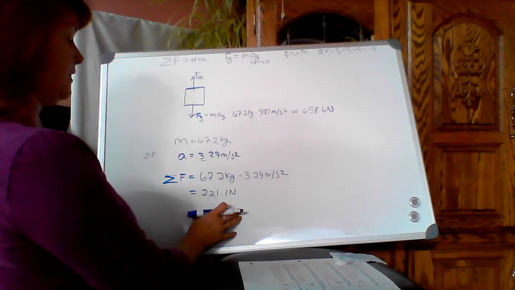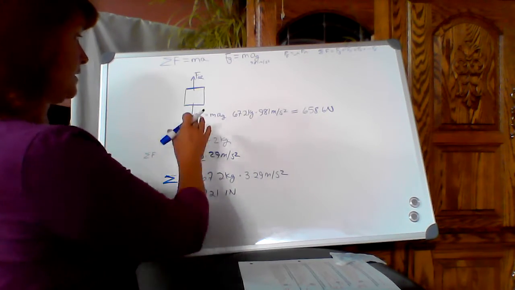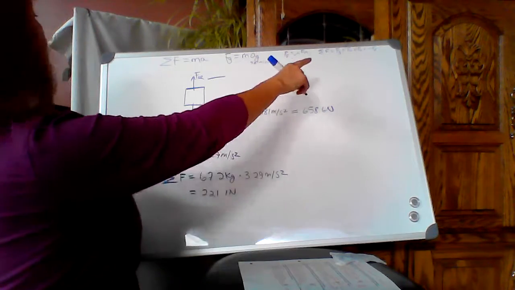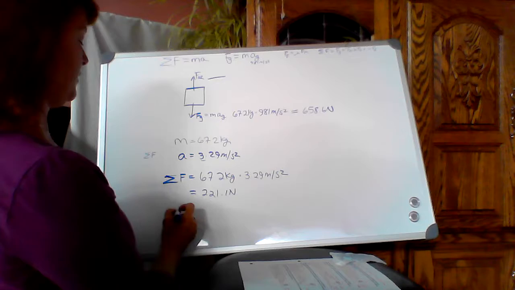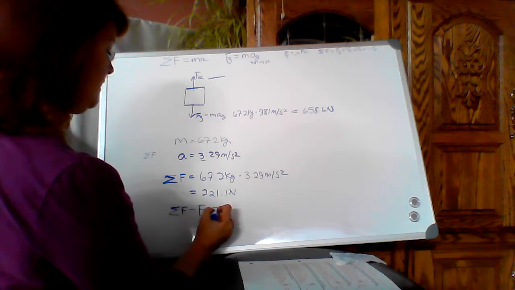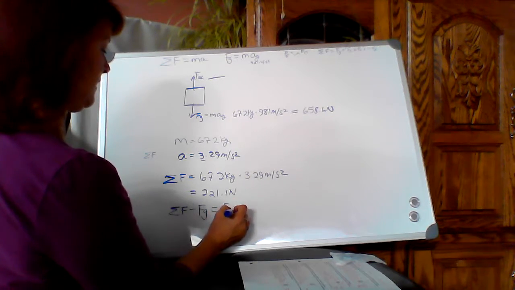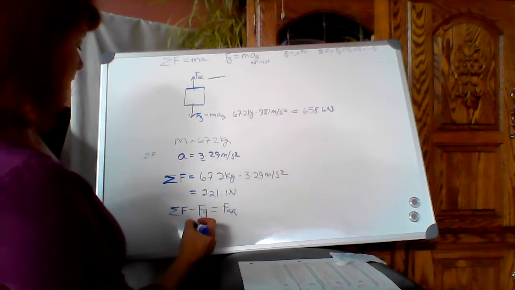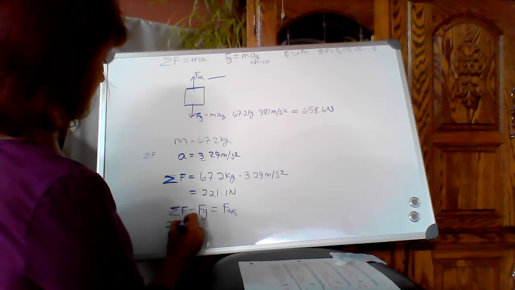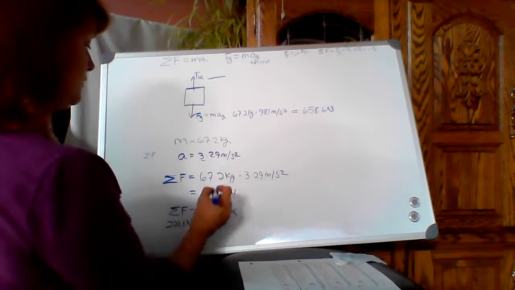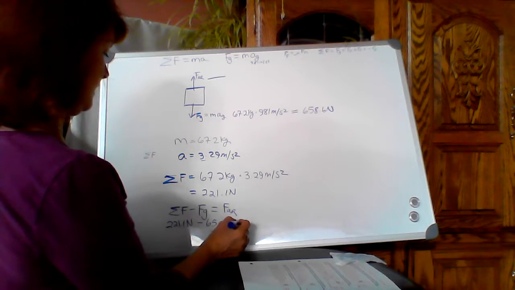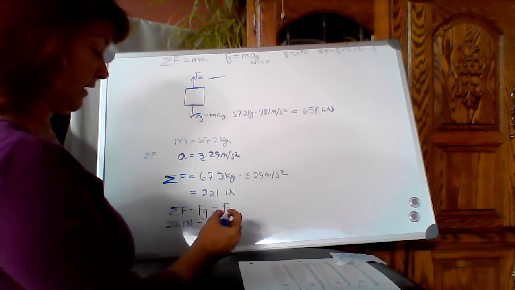So now I can use my sum of the forces to find out what air resistance is, because when I add them all together, that will be that. So the sum of the forces minus the force of gravity will give me the force of air resistance. My sum of the forces was 221.1 newtons, subtracting 658.6 newtons is going to give me the air resistance.